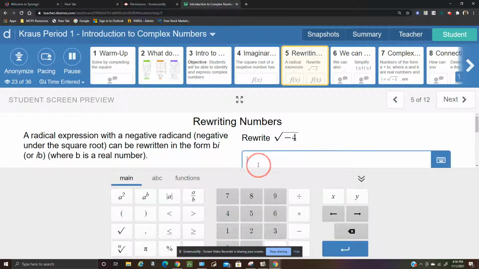And the square root of negative 4 is the square root of negative 1 times the square root of 4. You don't have to do this every time, but I'll just do it for emphasis. That the square root of negative 1 is equal to i.